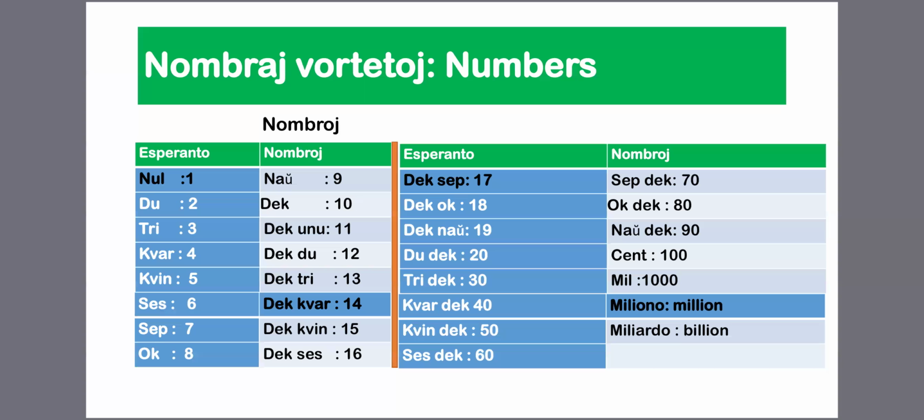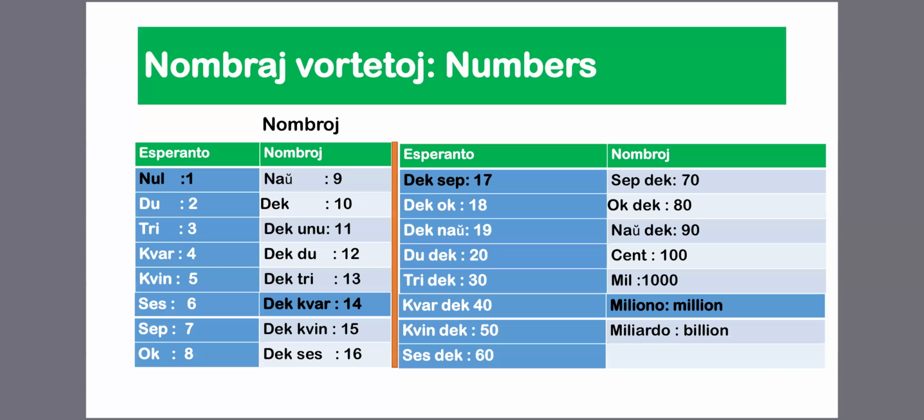And then from 10 to 20, we see also how to pronounce. So 1 in Esperanto is null, 2 is 2, 3, kvar, kvin, ses, sep, ok.